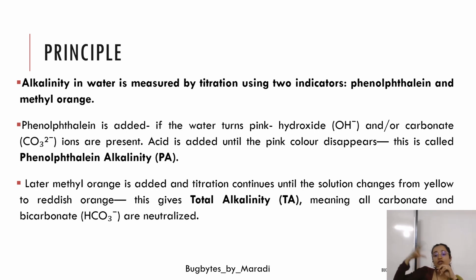Here all the hydroxide and half of the carbonate ions are neutralized. Now, what is total alkalinity? When we add methyl orange, you can take the same sample and add 1 or 2 drops of methyl orange indicator, or you can take another water sample of the same amount.